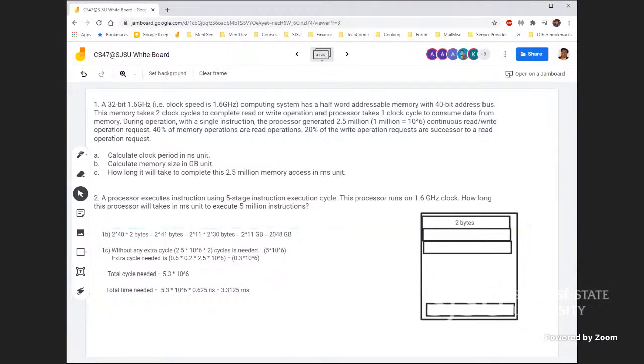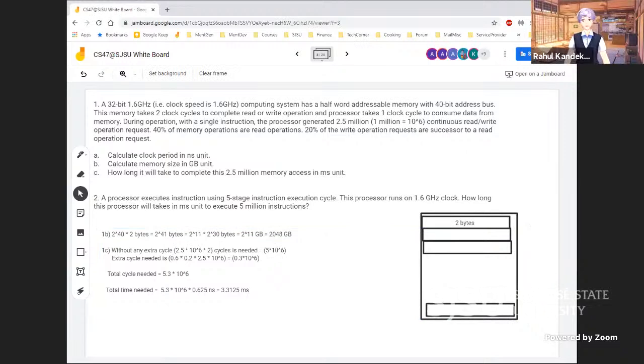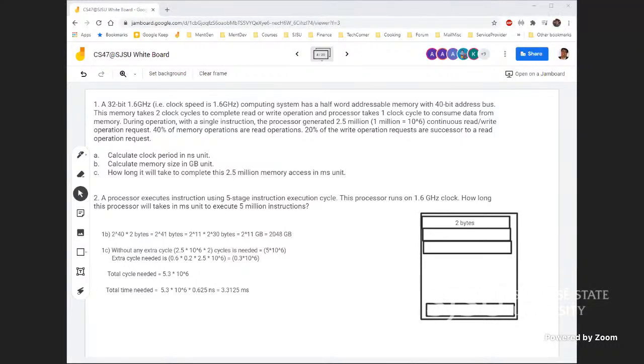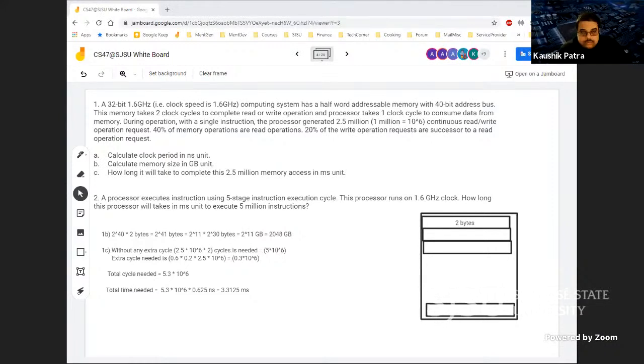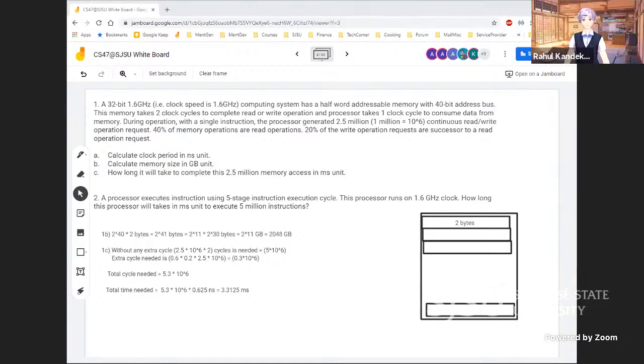Question? Yes, I have a question. Sure, Rahul. The extra clock cycles we calculated come from processing the data that's read from memory, is that correct? Right. So why is the information processed only when a write operation follows the read operation?